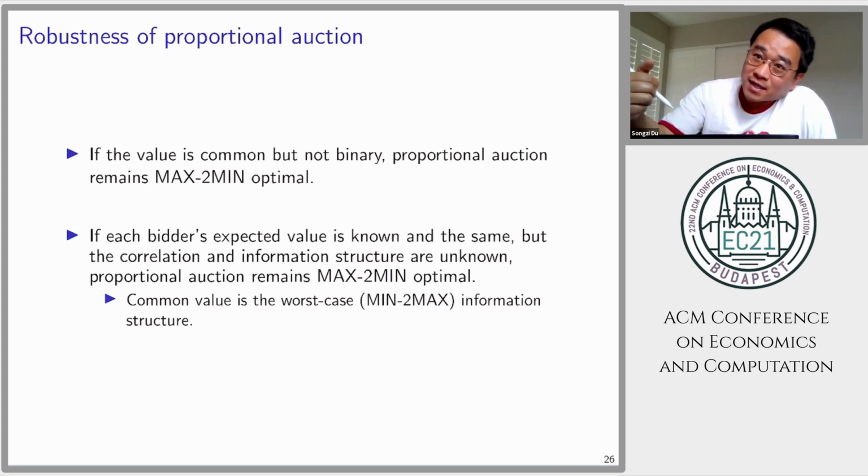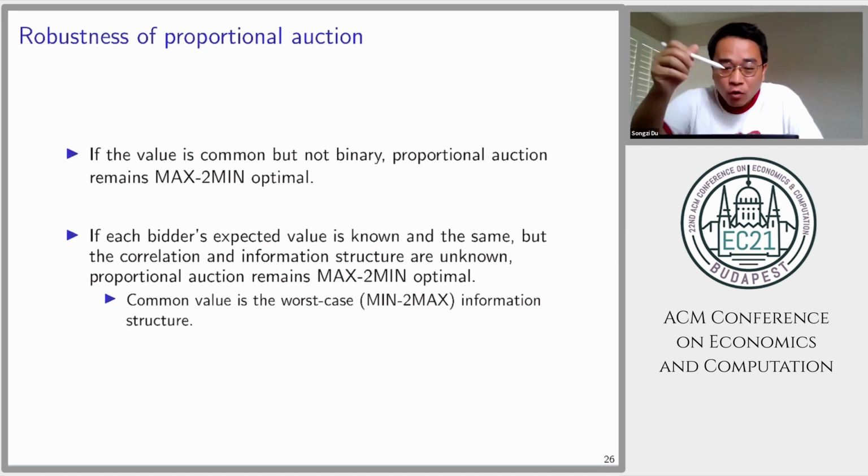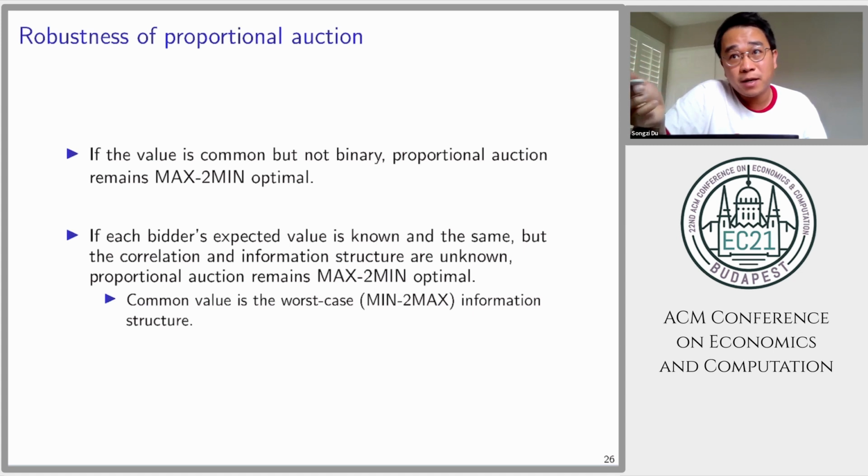It is also robust in another sense. If we keep binary value, but we relax the common value assumption, suppose bidders' expected values are known and are the same, but the seller can entertain any possibility for the correlation and for the information structure.